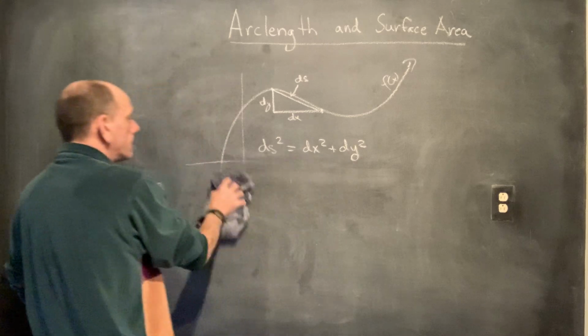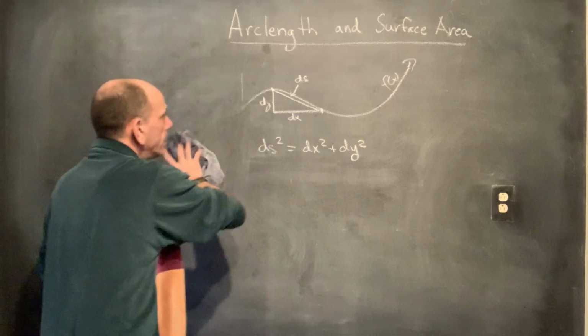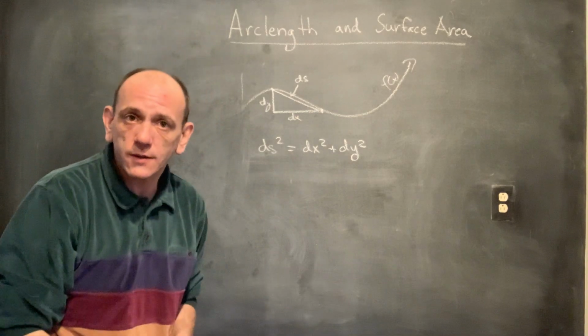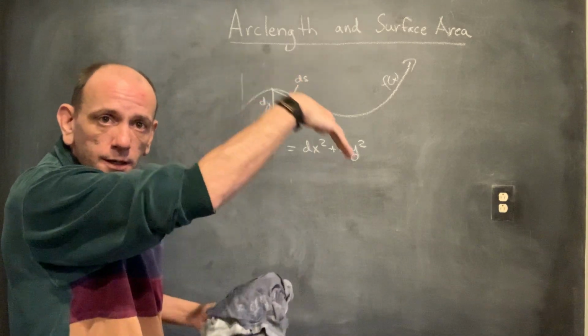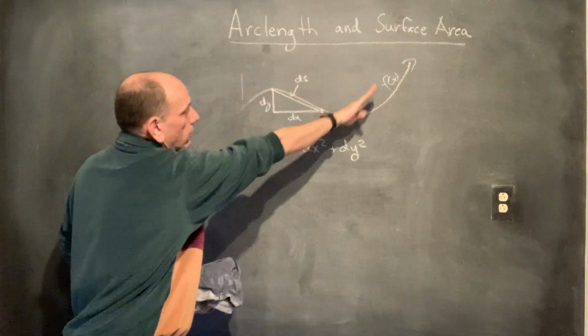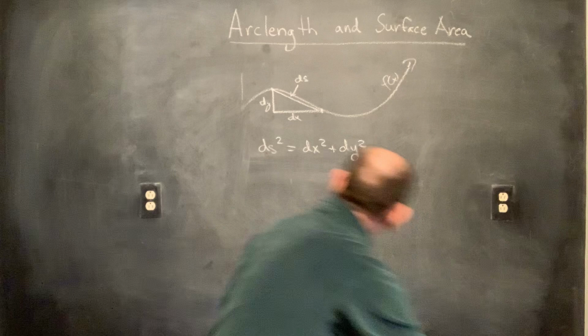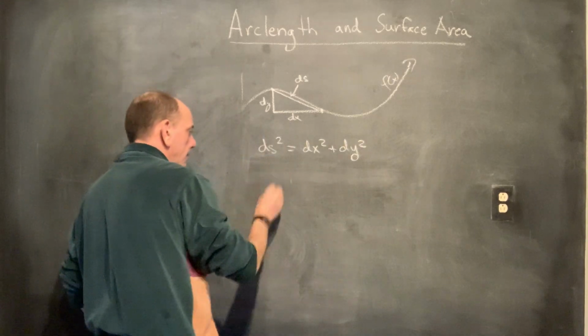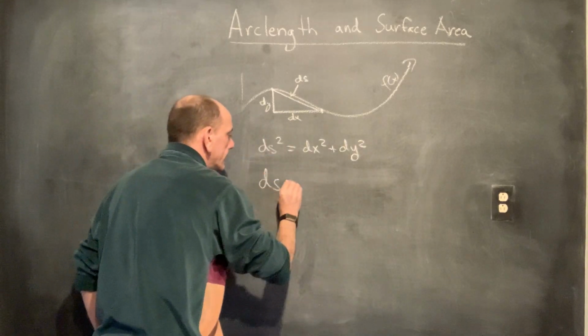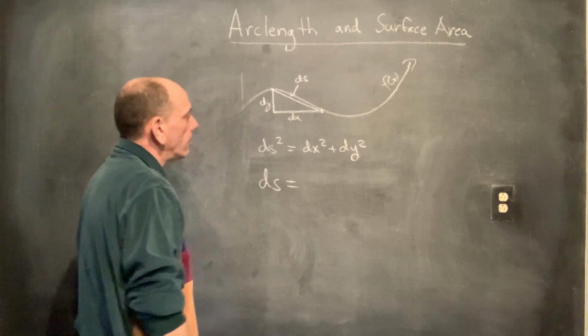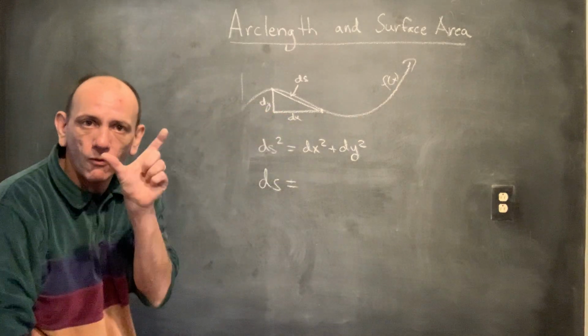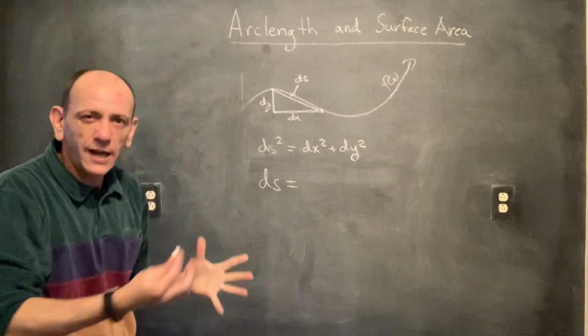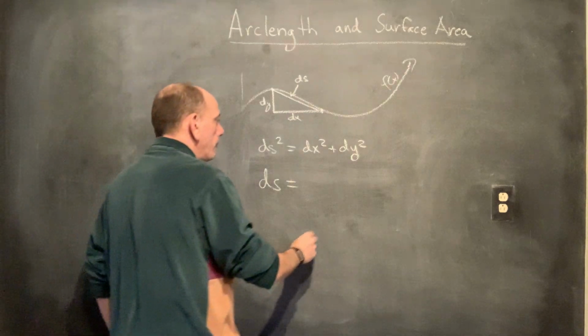My first task was to define what this ds is. What is this arrow that's walking along with the curve? I'm actually able to solve it. ds is, strictly speaking, plus or minus, but we're talking about the length of the side of a triangle, so I have a reason to throw away the minus one.